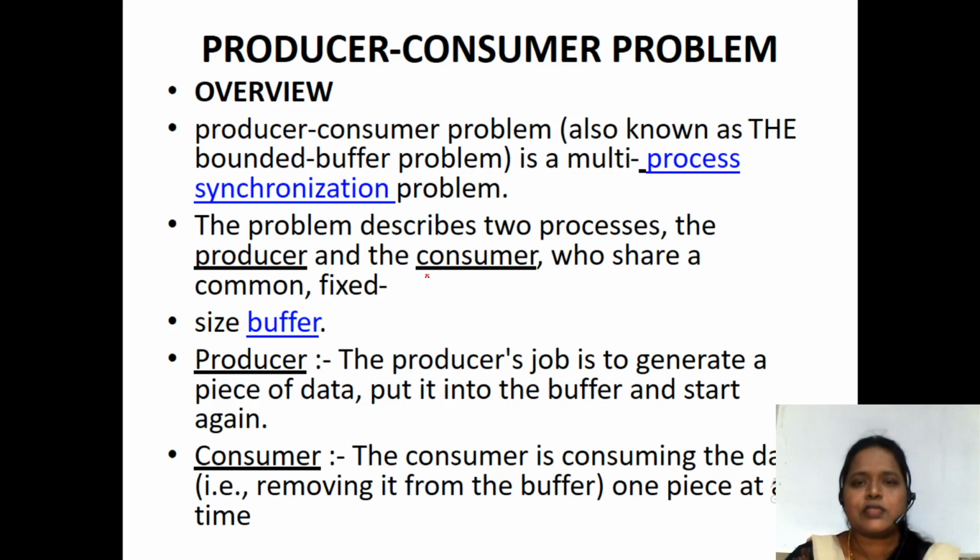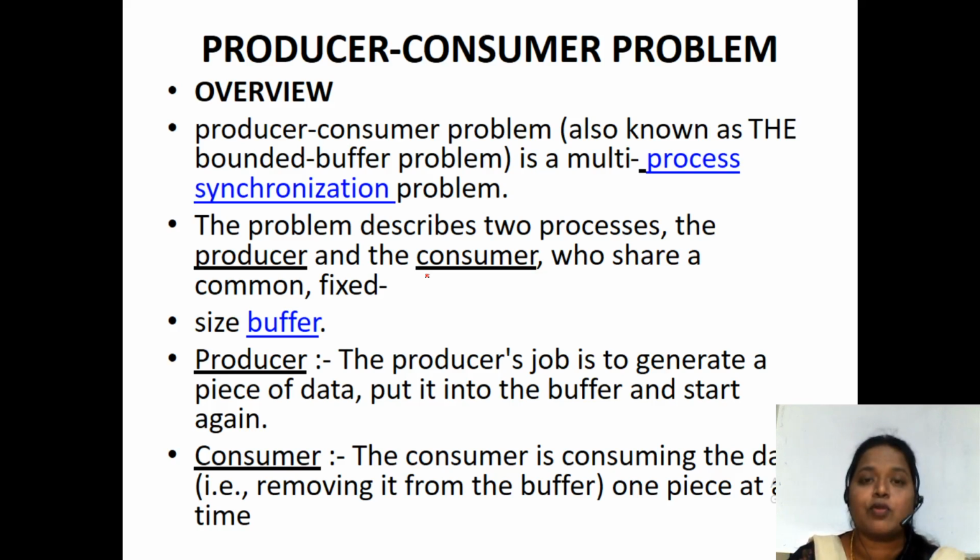Once you start the producer-consumer problem, you have to keep three things in mind. The first thing is that before producing an item, the producer should check that the buffer is not full.